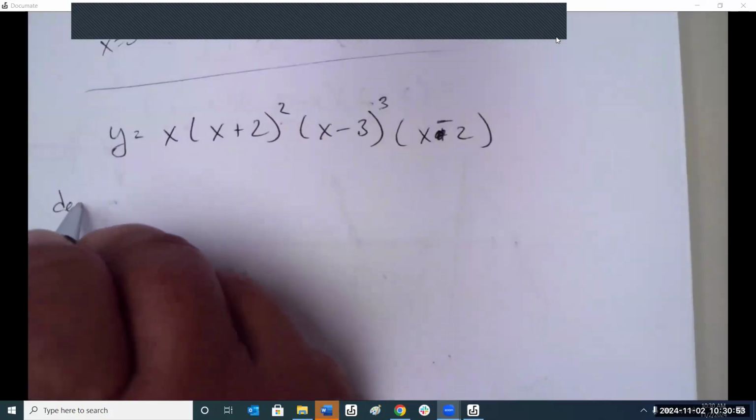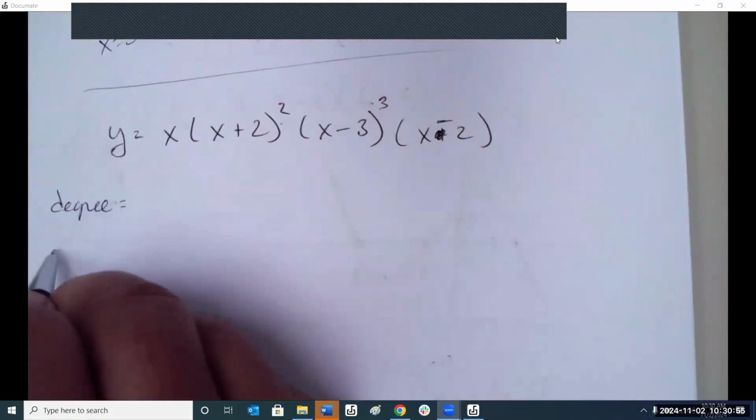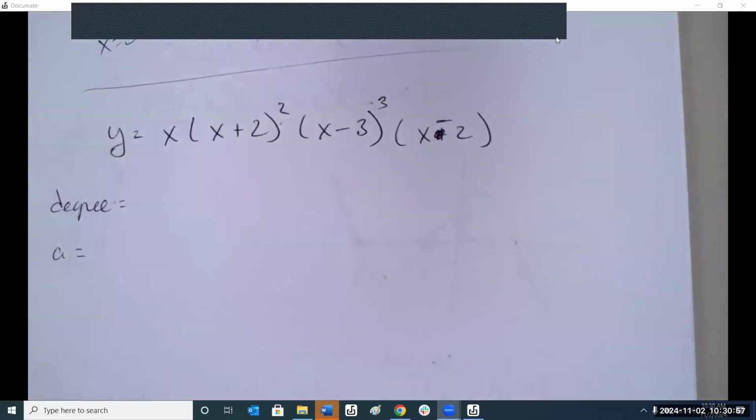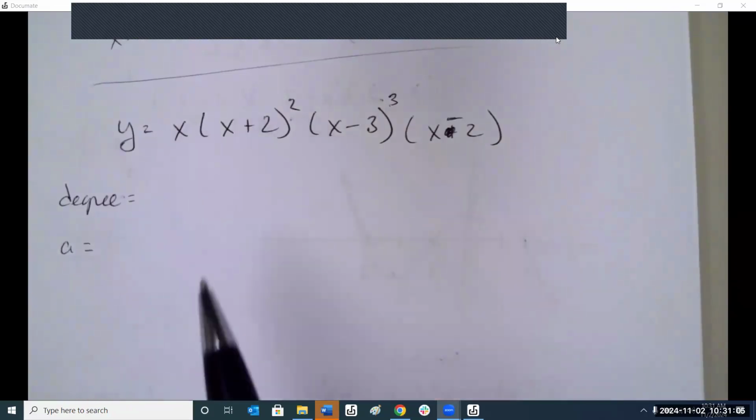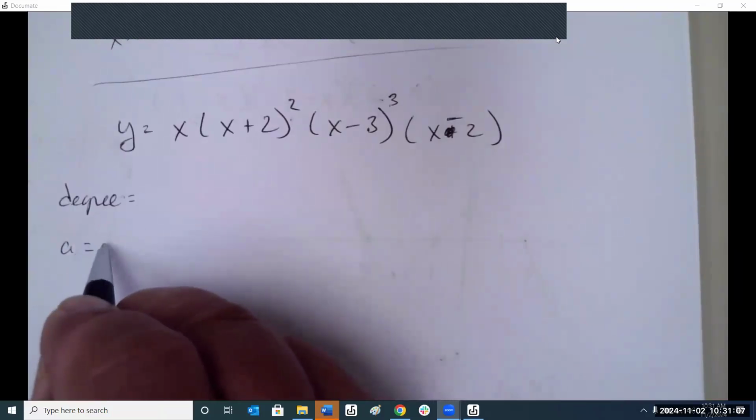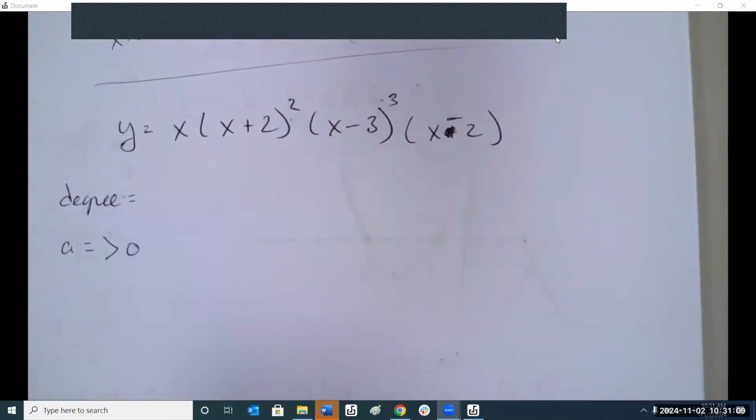What's my degree? And what is A? Is A positive or negative? Positive. Why? Very good, because none of the x's are negative. So A is positive.